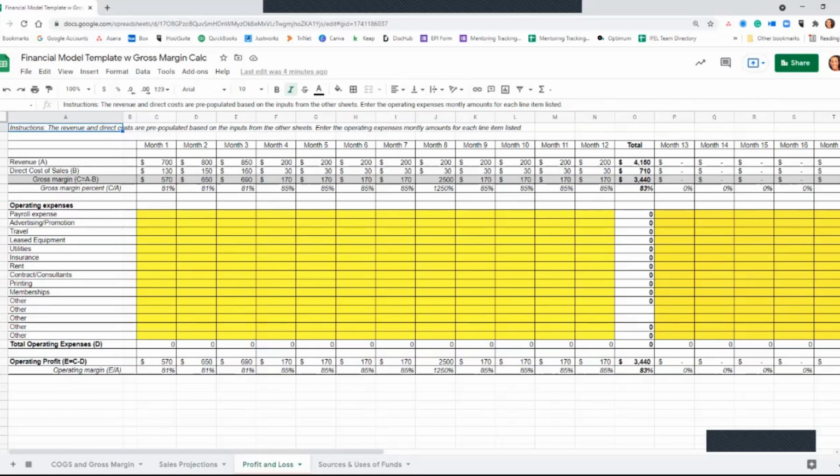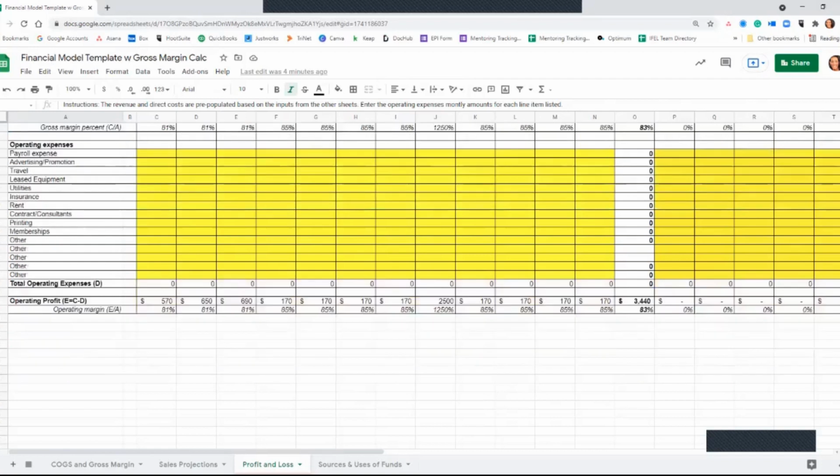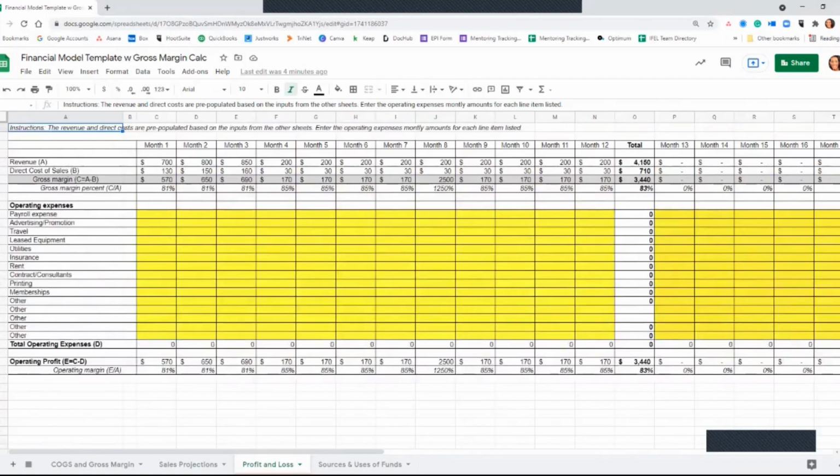And then the way that this shows up here is that it totals for the year for each 12-month period, so they can see what the total is for the year. And that's pretty straightforward.